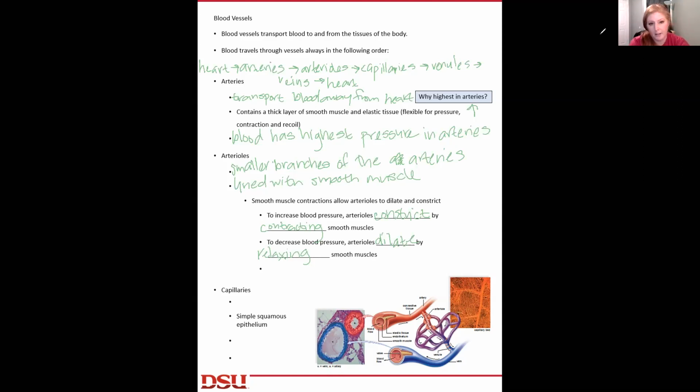Conversely, think about what would happen if you put a really small hose, with a really small circumference. What would happen to the water coming out at the end? Same water flow, okay? Well, it'd probably be a lot more powerful, and that's because we're sending the same volume through a much smaller space.